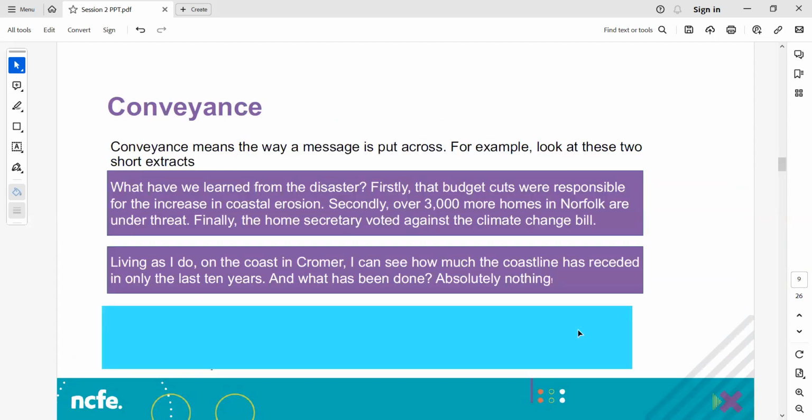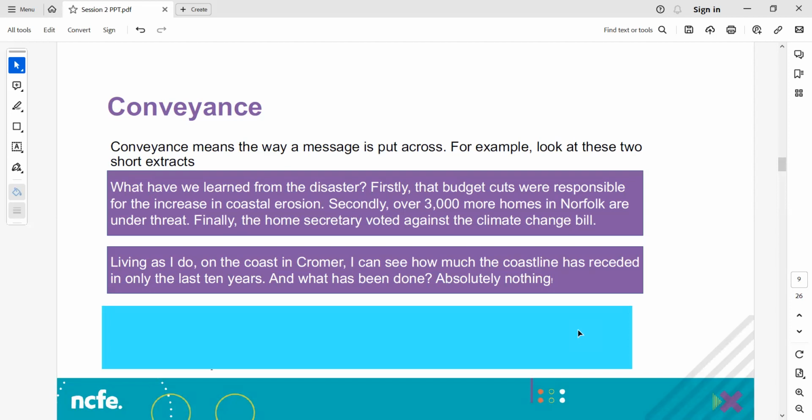So conveyance is how the message is put across. So let's look at these two short extracts. What have we learned from the disaster? Firstly, that budgets were responsible for the increase in coastal erosion. Secondly, over 3,000 more homes in Norfolk are under threat. Finally, the Home Secretary voted against the climate change bill.